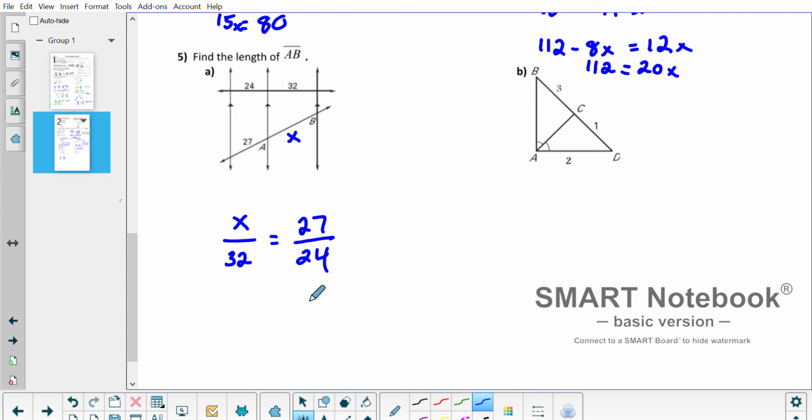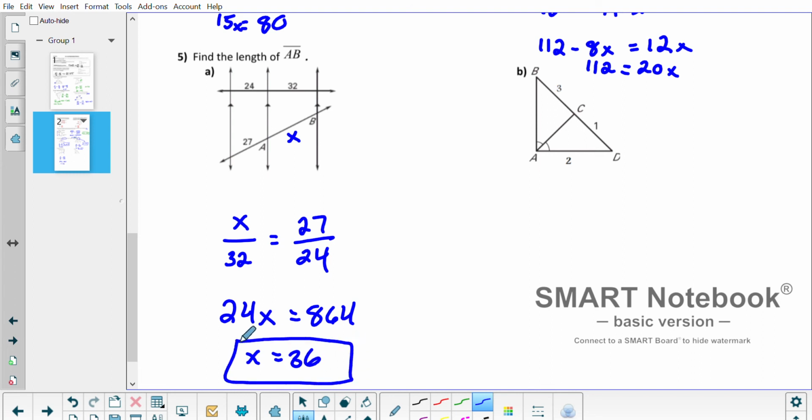So if we use our cross products here, 24 times x is going to give us 24x. 27 times 32 is going to give us 864. When we divide 864 by 24, we get x is the value 36. So our missing side is going to be 36.